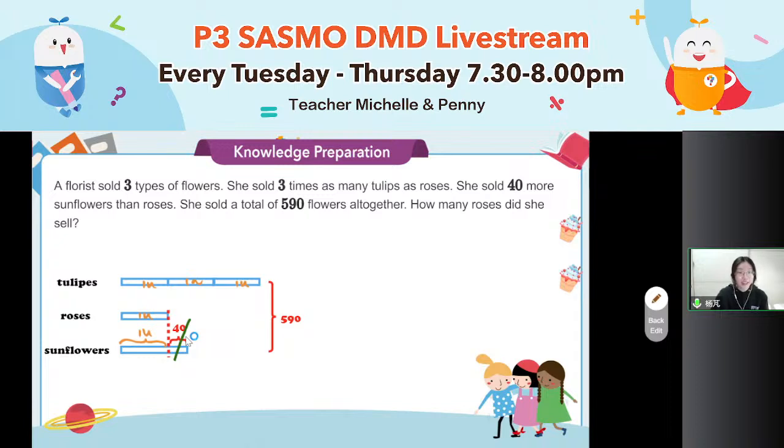Take away this 40 from 590 and I will get 5 equal parts, right? So minus 40, take away this extra part, I will get 5 units equals 550. 5 units is 550. What about 1 unit? Is that easy? Yeah, 1 unit is the roses, 110. Okay, I see the right answer. Good job.